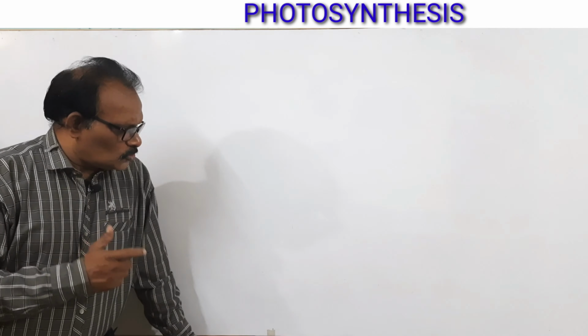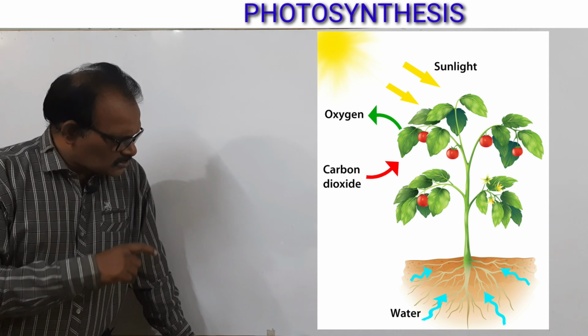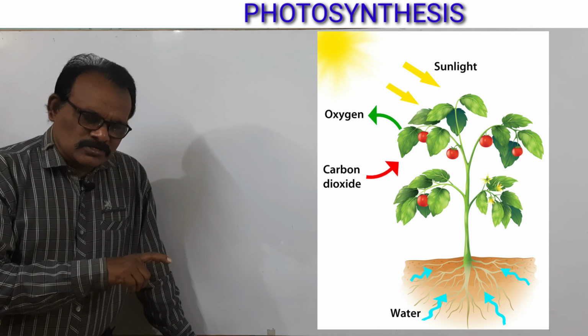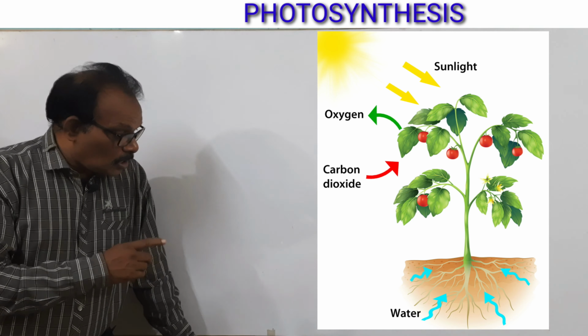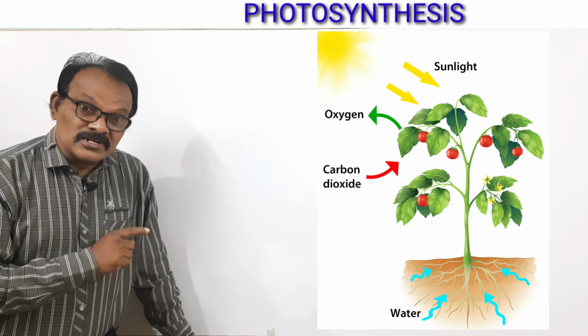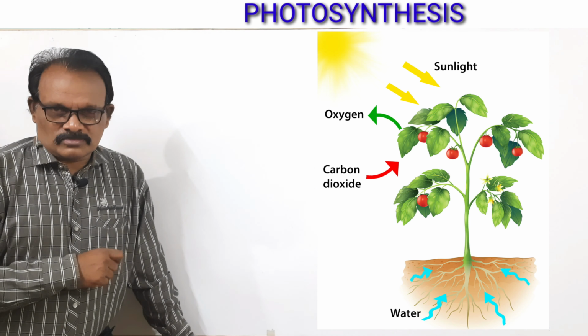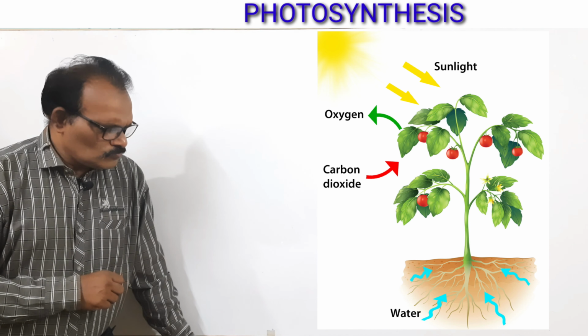So, what does it do? You see, this is a green plant. Through the root they absorb water, and not only water, they absorb mineral salts also. These minerals contain potassium and magnesium in rich quantity.